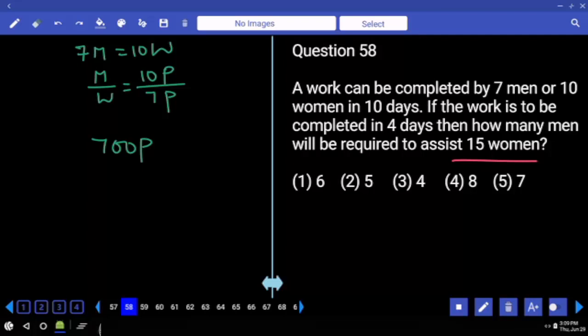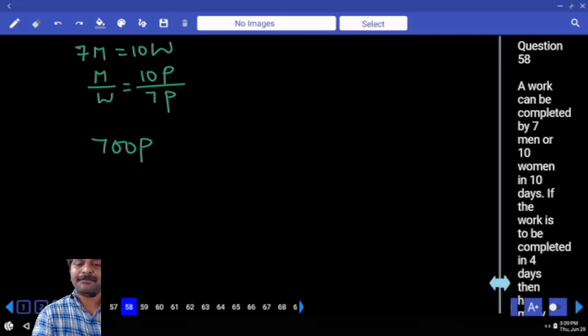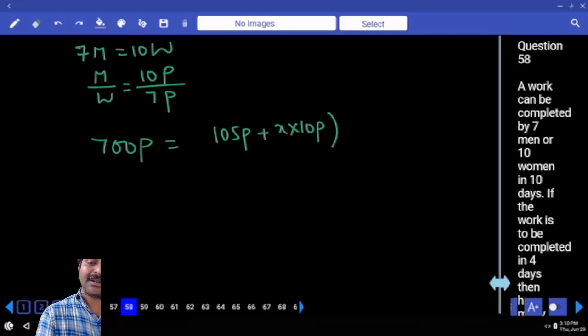If 15 women and X men are there, that is the work they can do in 1 day. Like that, how many days do we have? 4 days. That means 700 parts is equal to 105 parts plus 10 into X parts.